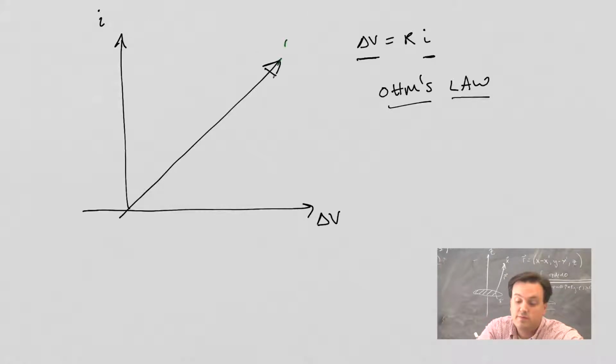But there are lots of materials for which it's quadratic, or they have other funny shapes, where the current non-trivially depends on the change of potential. And therefore, I want you to think about Ohm's law as being a great description of the relationship between potential difference and current when it applies. And generally, if it applies to a situation, we call the material in that situation a resistor or a pure resistor.